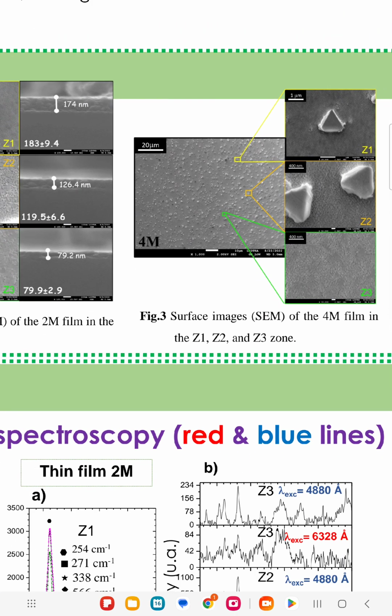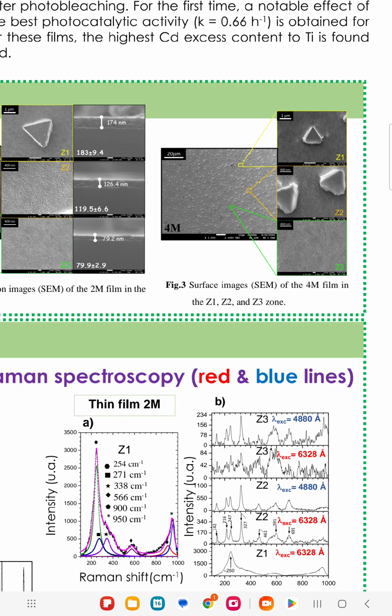On the right side, we can see a zoom for each one of these 3 zones. We can see for this Z1 zone that it maintains its triangular shape, but the size of the grain is smaller in comparison with the 2M film.